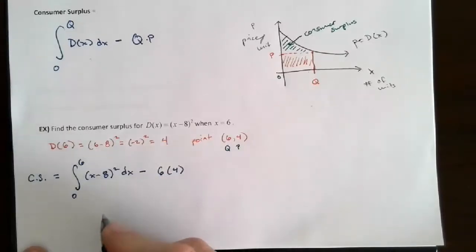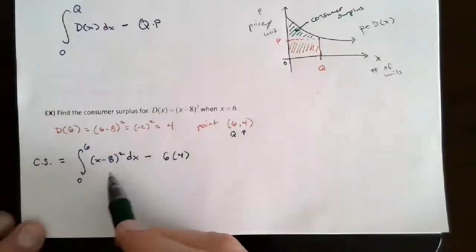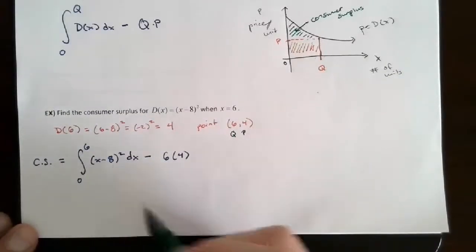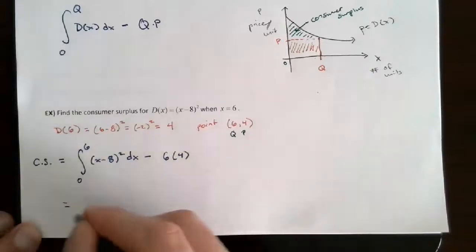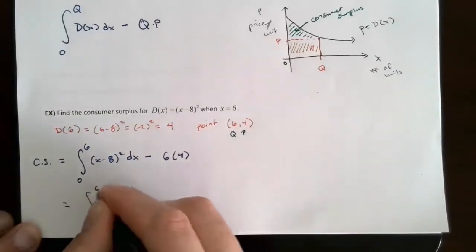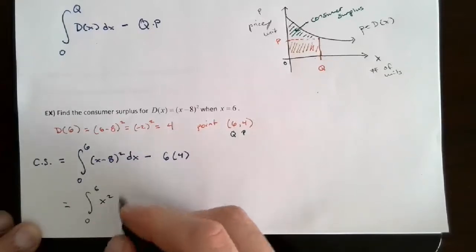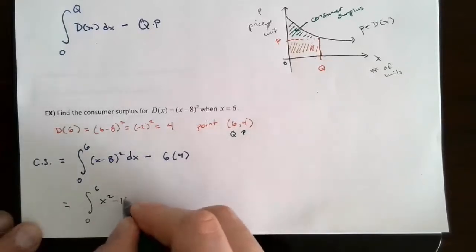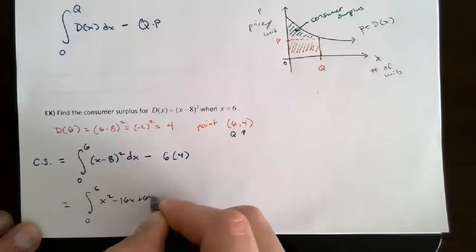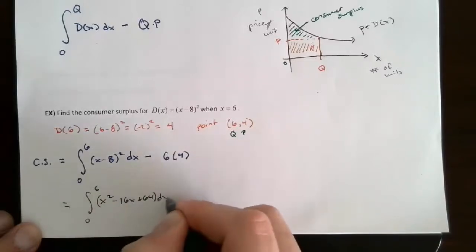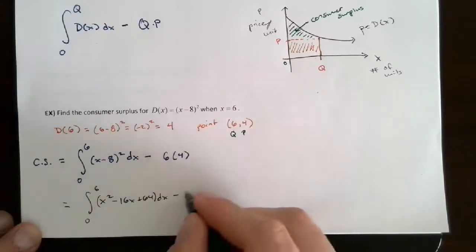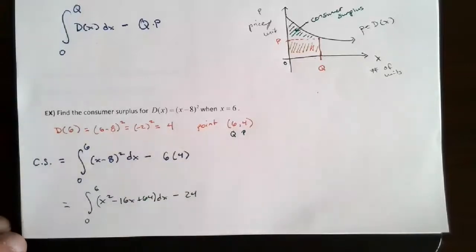And now we're going to simplify this. To evaluate this integral, the first thing I'm going to do is expand (x minus 8) squared. So really this will be the integral from 0 to 6 of x squared minus 16x plus 64 dx, minus 6 times 4, which is 24. And then we'll evaluate this here.